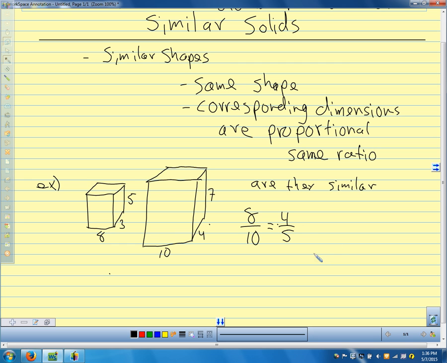What side are we going to put with the 3? 3 over 4. Are those the same? No, these are not the same. So they're not similar.